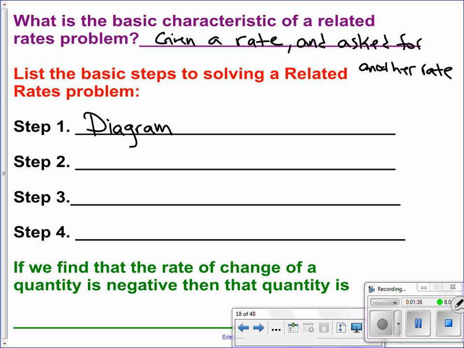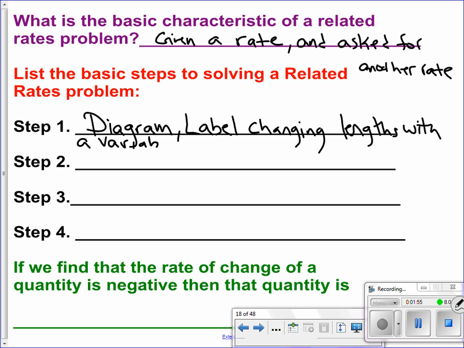So you want a diagram and label changing lengths with a variable and constant lengths with a number. This always turns out to be lengths.